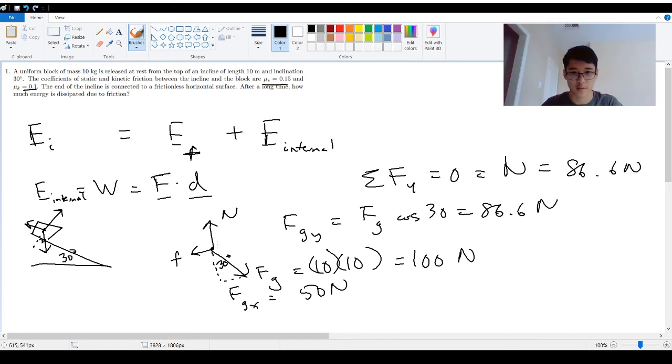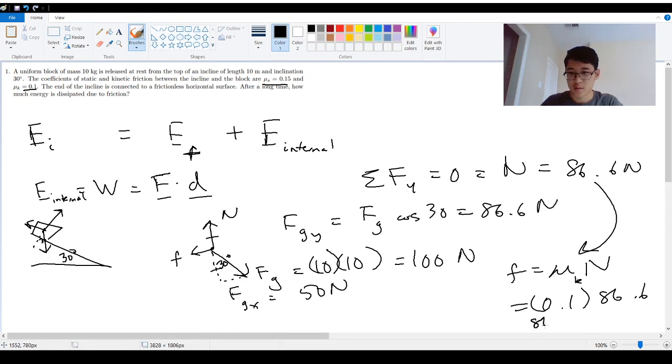These two forces cancel out. And now we can figure out the force of friction, because the force of friction is equal to the kinetic friction coefficient times the normal force, and that's equal to 0.1 times 86.6, which is equal to 8.66 newtons.